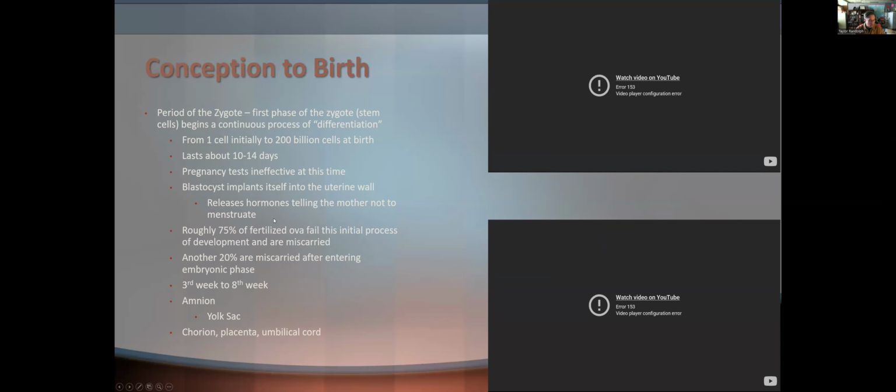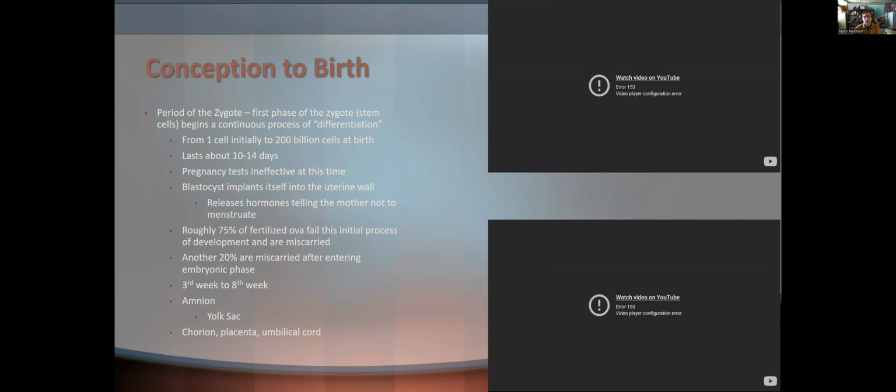It's very interesting to note that about 75%, three quarters, well over half, definitely most fertilized ova fail this initial process of development and are miscarried. So think about that. Think about all the births that we have, and that's only about 25%. Or maybe not quite 25% of births are representative of all fertilizations, which is pretty insane.